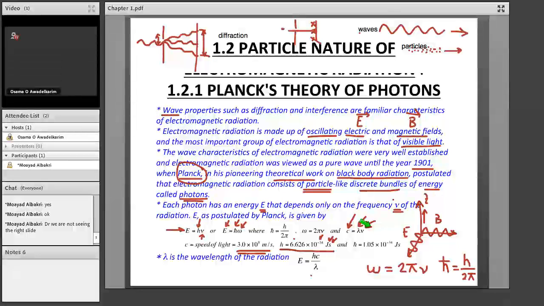So if that's the case, then instead of writing the energy in terms of nu, we can use nu as c over lambda, and then E is equal to h times c over lambda. So that's an alternative form for the energy of the photon.